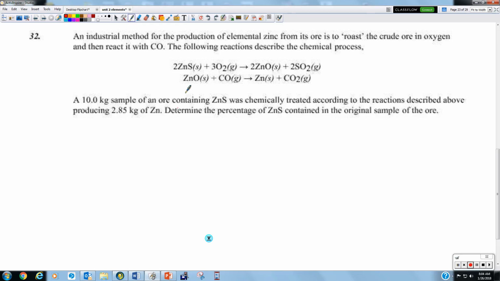That's a key component we're going to need. Then, looking at the next reaction, zinc oxide reacts with carbon monoxide to form zinc and carbon dioxide. So this whole process is a 2-step process, and then it gives us this question.